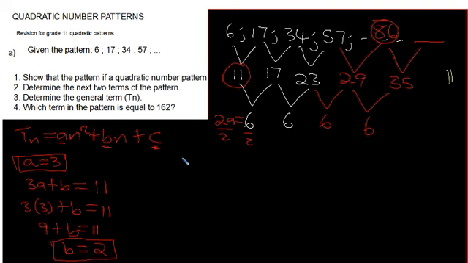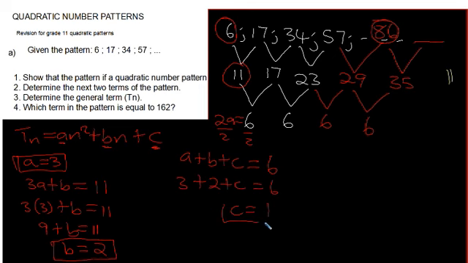To get c, a plus b plus c should be equal to the first term, which is 6. We already have a as 3 and b as 2, and we are looking for c. So 3 plus 2 is 5, plus c equals 6. When the 5 goes to the other side it becomes negative, so c is equal to 6 minus 5, which is 1.